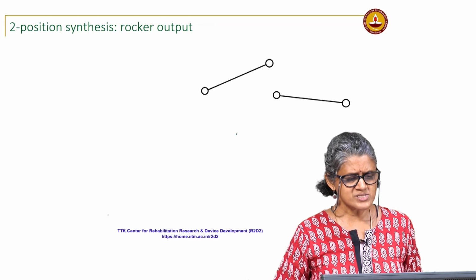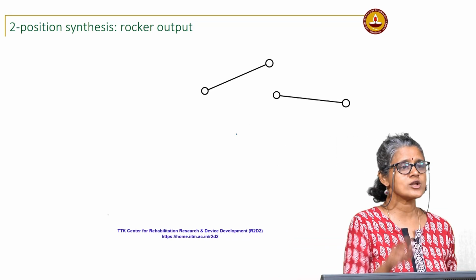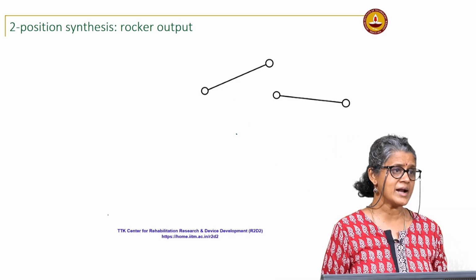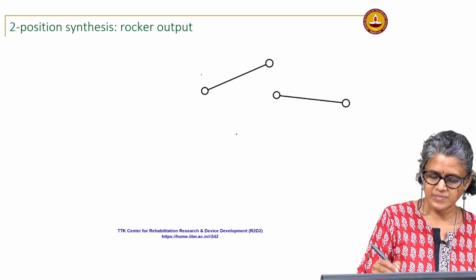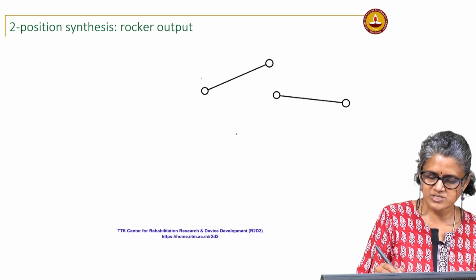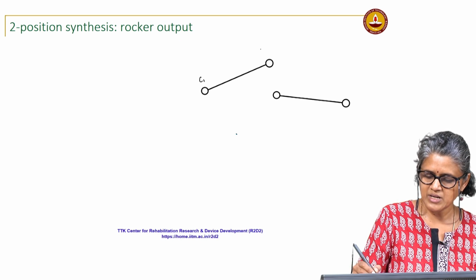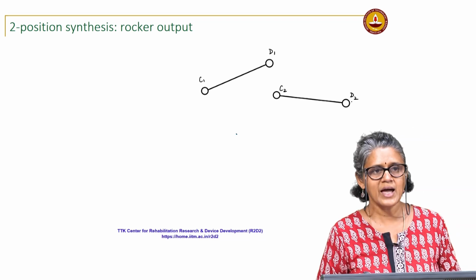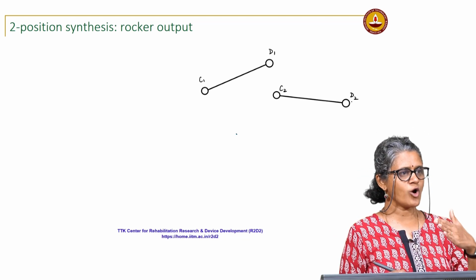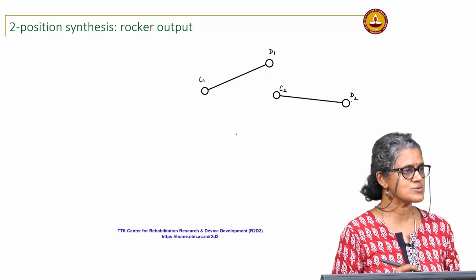Now, how can I use this for the original problem that I had, which was, I have this, let me just call it C1 D1, C2 D2. I have this rigid body that I want moved from C1 D1 to C2 D2.